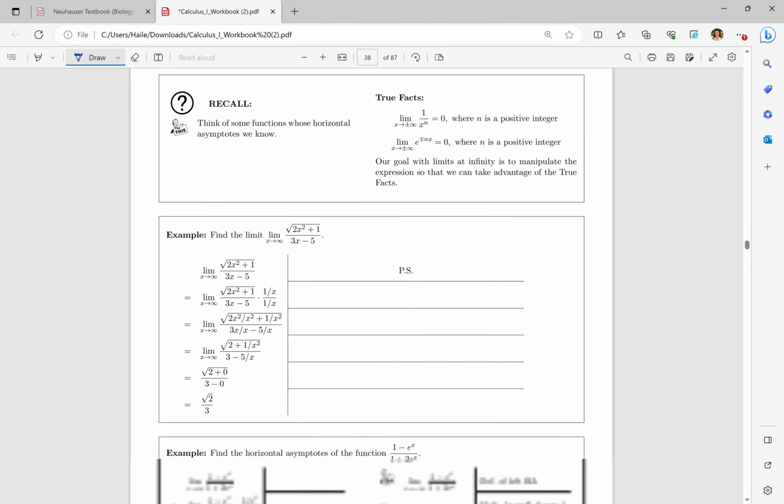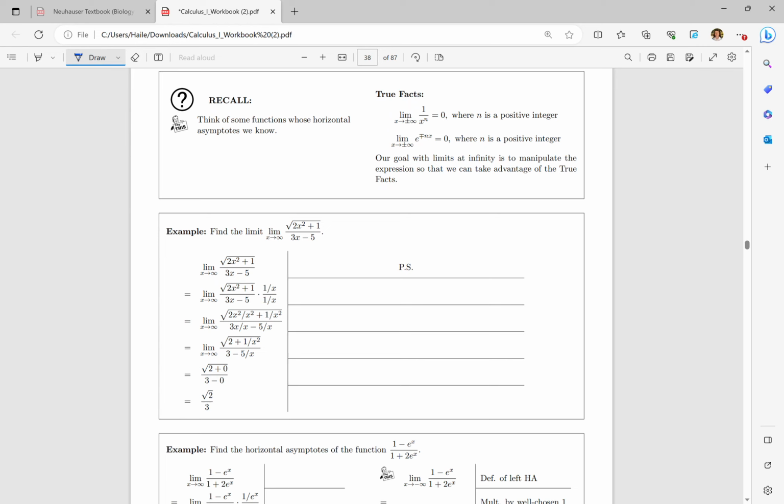So the last type of limit we're going to talk about in this lesson are those limits at infinity. We just talked about vertical asymptotes and how that gives us a verbal argument. Now we're going to talk about the limits at infinity, which are equated to horizontal asymptotes. So now let's think of some functions with horizontal asymptotes.